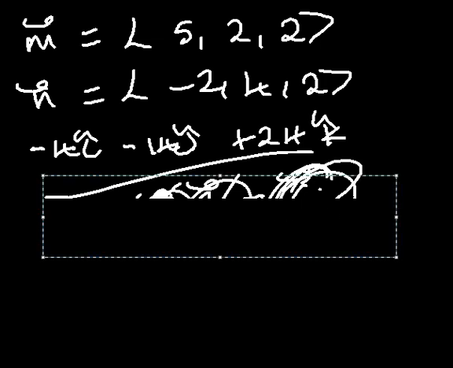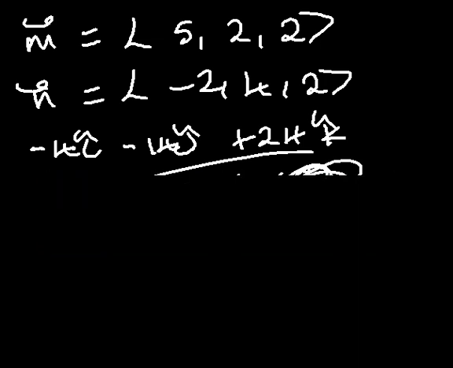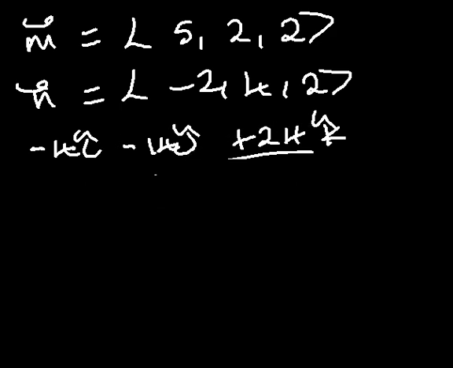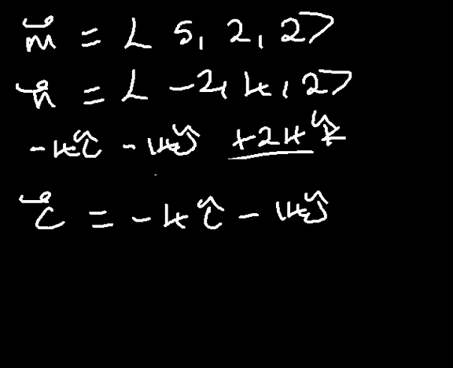Now let's see this. Looking at this recent example, what we have obtained here is a vector C, negative 4i minus 14j plus 24k.